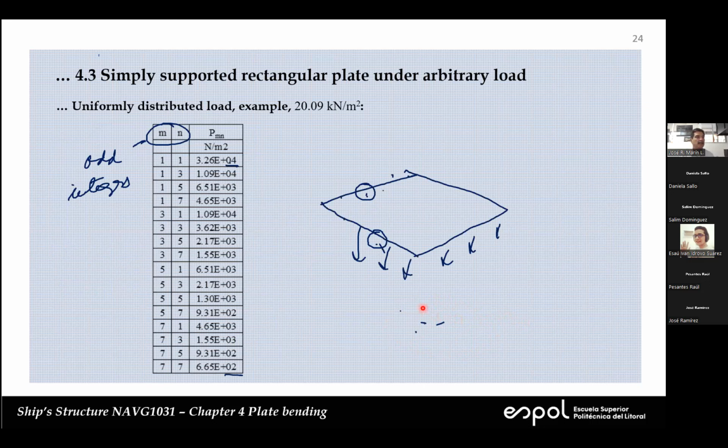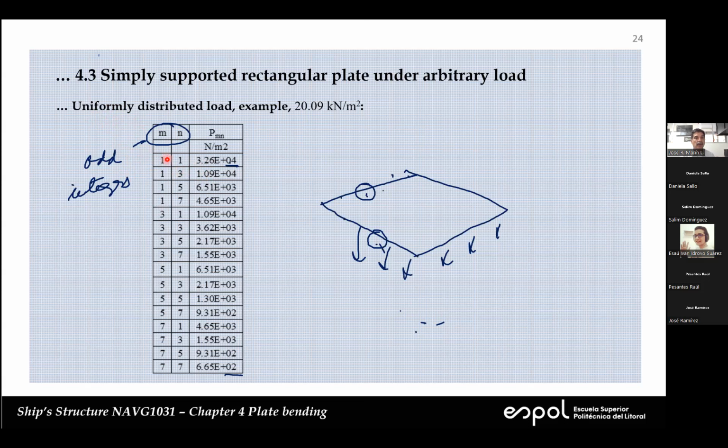This is an example that I completed. I just took this value. This is the value of the pressure on the bottom. You have it in your class notes. So this is the expansion first. Since we are expanding this distribution of load, which is symmetric, we need only odd terms.